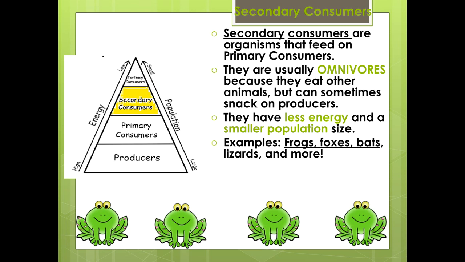In order to have enough food for them to eat, there's got to be fewer secondary consumers and more primary consumers for them to munch on. Some examples of secondary consumers are frogs or foxes, bats, lizards and other small reptiles. They all are going to eat some of those primary consumers.